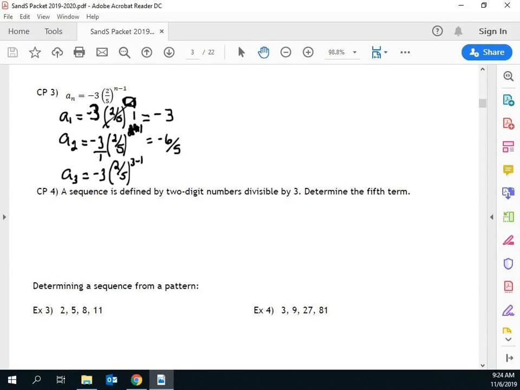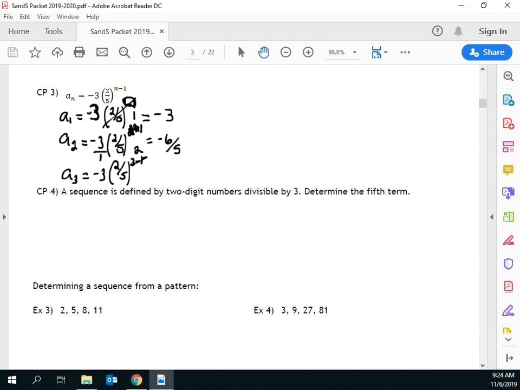So now it's 3 minus 1 power. What's 3 minus 1? 2. So we're squaring 2/5. Squaring a fraction means what, guys? How do you square a fraction? Well, what does squaring mean? Multiply times itself. Perfect.